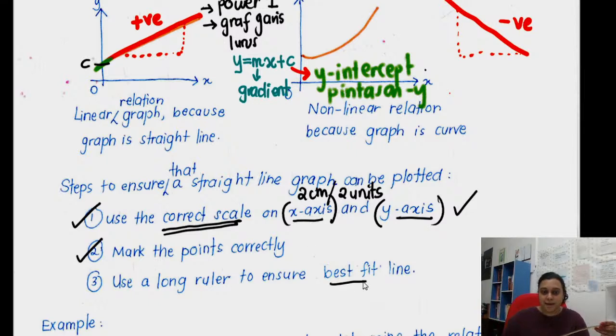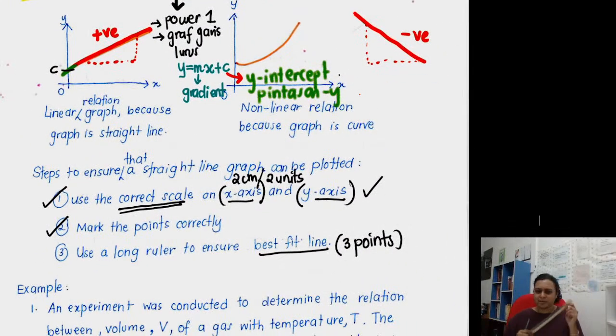So you have to draw the garis that is the most best, right? Usually it must pass through 3 points. At least your graph must pass 3 points, then it's very good. If it passes only 2 points, then it's not the best fit. Okay, clear?